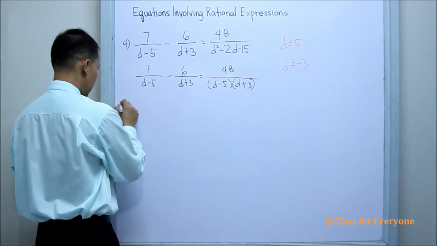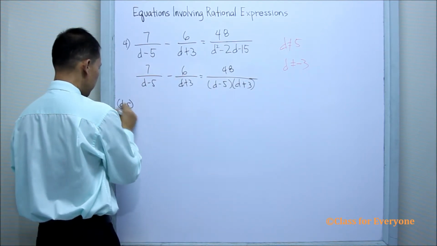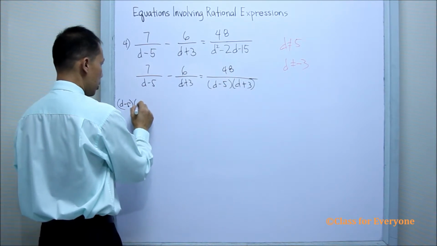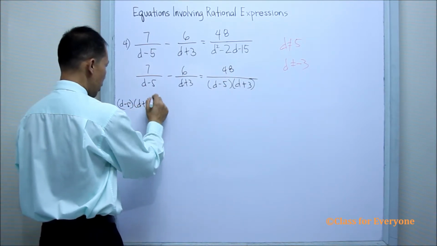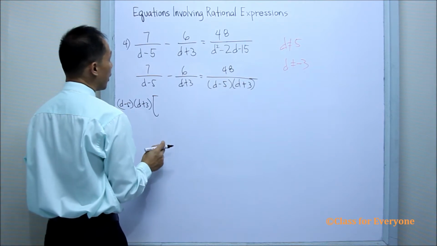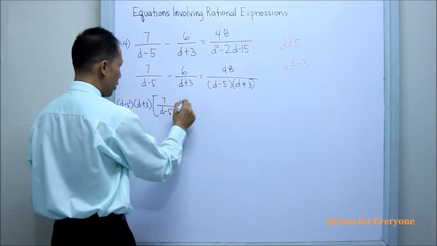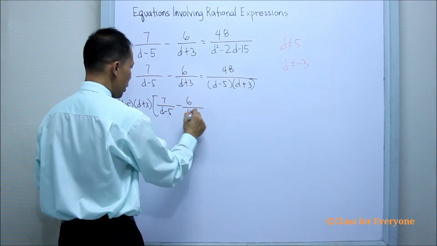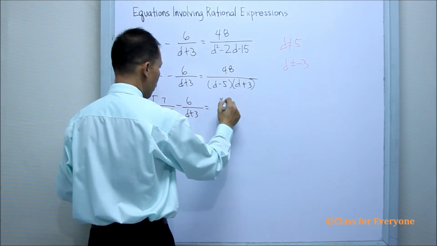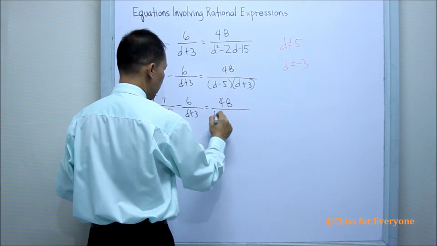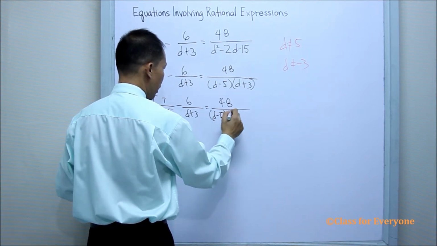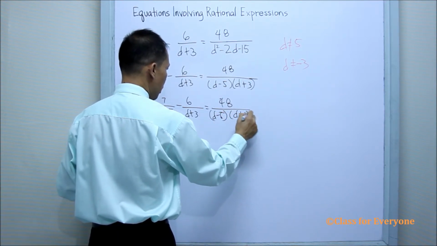We have d minus 5 times d plus 3 times the rational equation 7 over d minus 5 minus 6 over d plus 3 equals 48 over d minus 5 times d plus 3.